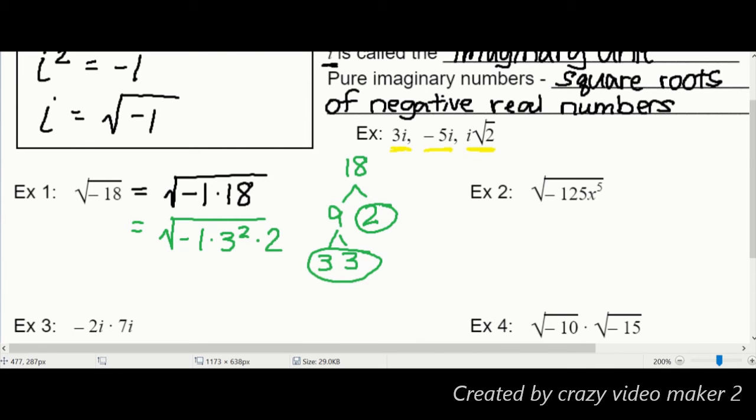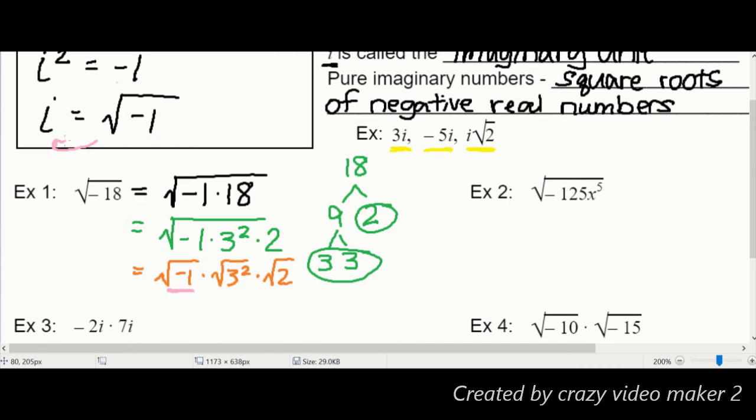So then if we were to split this up, it's like saying, okay, we have our -1, our square root of that -1 times our square root of 3 squared times our square root of 2. So then once we're here, we can say, oh wait, we know that the square root of -1 here is equal to that i.